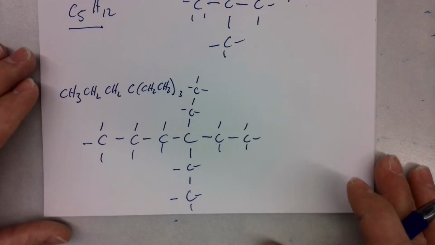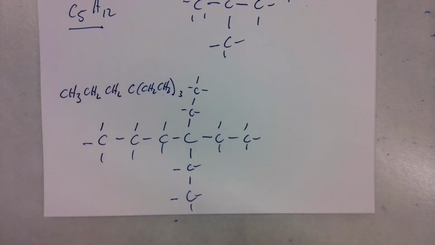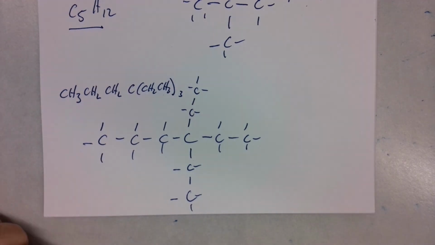Yes or no? Yeah? Now, from there are like 3 or 4 different questions they're going to ask you. What would be a great spot to ask? What kind of question would be great to ask right here? Anybody know? They could ask me bond angle, but we're not talking bond angles anymore.